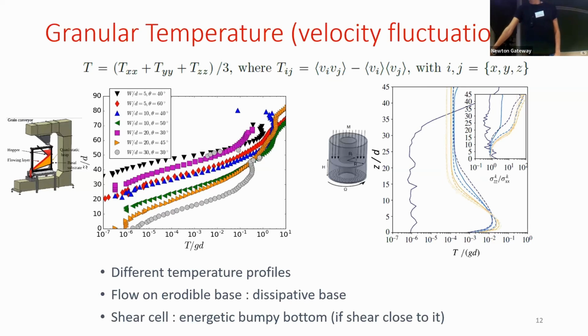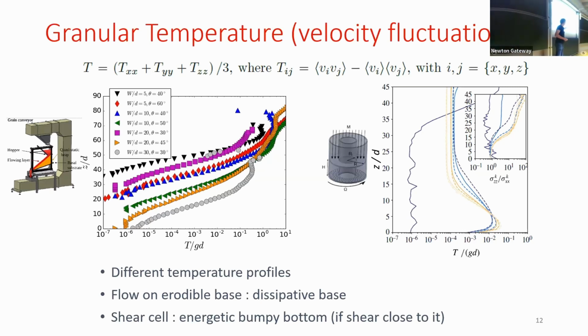If you look at the gravity-driven flow on your left, you can see that the temperature decreases when you go deeper and deeper, which means that the base is completely dissipative. In contrast, if you look at the shear cell, you see that the bottom is quite energetic because you have a bump.